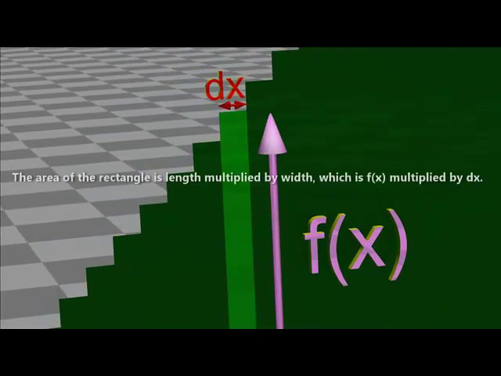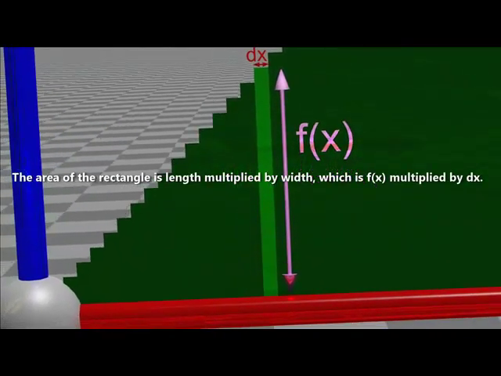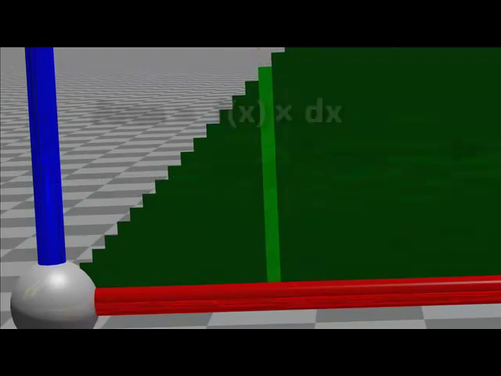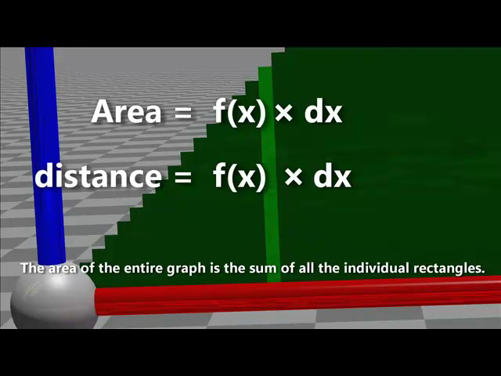f(x) is speed at any x or the height of the rectangle. dx is the width or the dt or the time. And when you multiply the two, you get simply the dy or the area of the rectangle. So area of one rectangle, small distance covered in small time dx, is f(x) dx.